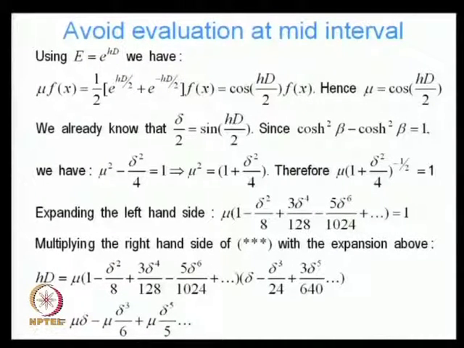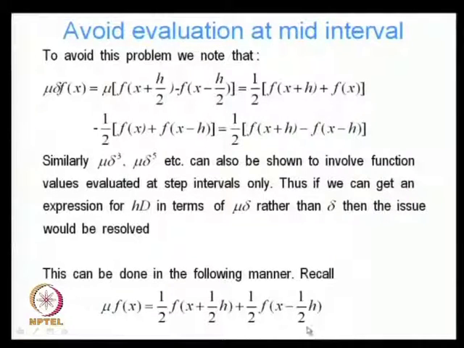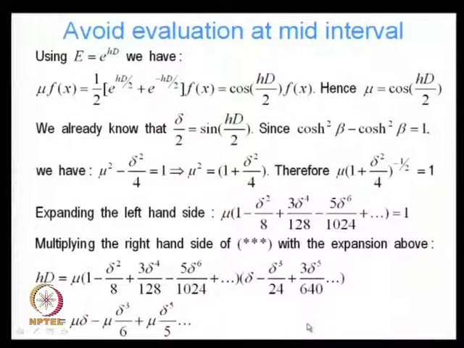right. F of x plus h is equal to E to the power h d. So, f of x plus h by 2 I am writing as e to the power h d by 2, right. Similarly, I am writing f of x minus half h as e to the power minus h d by 2, right. So, I write this like that, and that we recognize is the cos hyperbolic of h d by 2, operating on f of x.